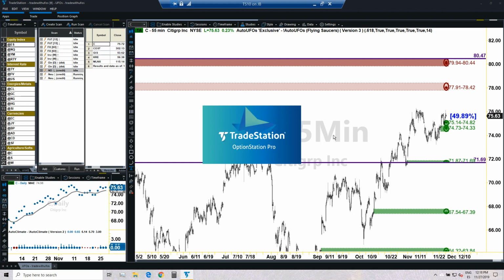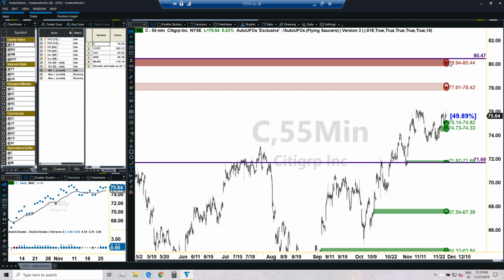So what we're going to do is just use the power of stats, okay? I'm going to use OptionStation Pro and calculate a projection of price movement into the future to measure how far price is likely to move, starting on the current date all the way to the expiration date that we will select. And we'll make sure that probabilities suggest that price is not likely to reach 80.47, knowing that if probability suggests price is not likely to get there, that's going to be a good beginning.